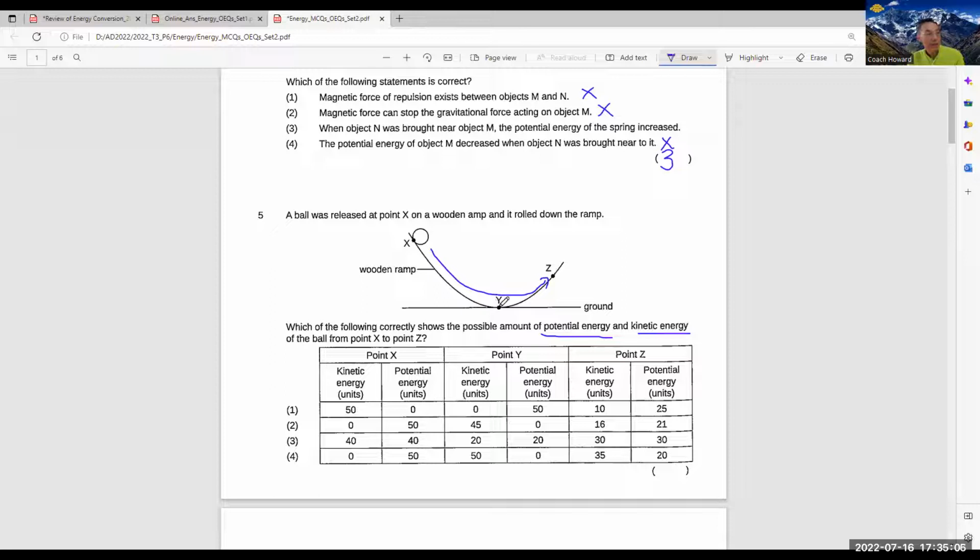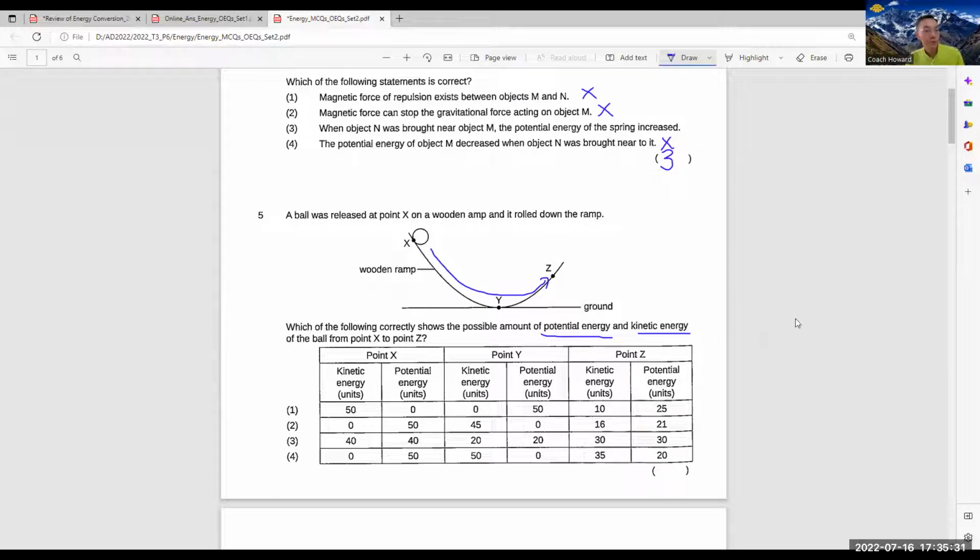At Y, the KE should be maximum. At Z, there is KE and PE because it is moving. But did they say it stops exactly? It may stop exactly, but it didn't say here, because some of the kinetic energy is lost to the frictional force as it moves down.